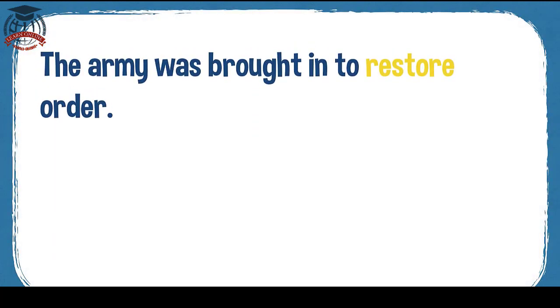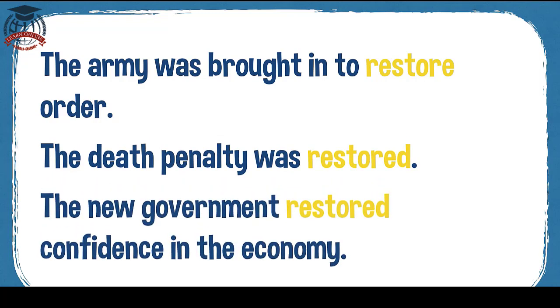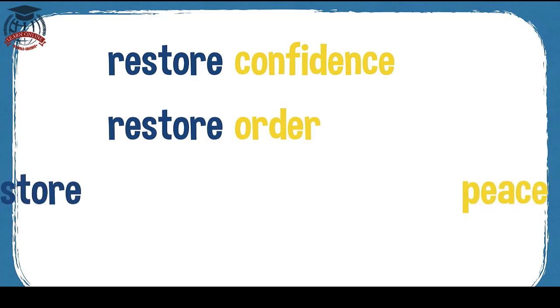We restored the monarchy. The army was brought in to restore order. The death penalty was restored. The new government restored confidence in the economy. And we restore confidence. Restore order, that's a common collocation.